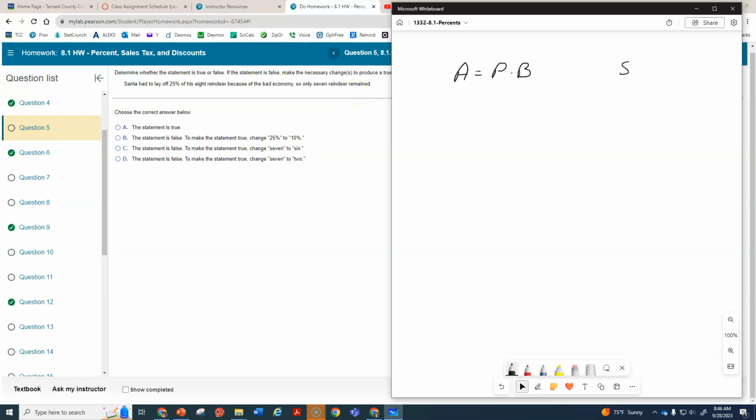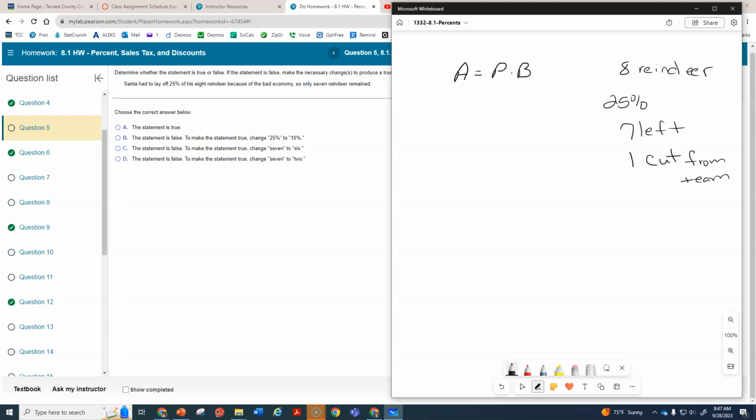Santa started off with 8 reindeer, and they said he laid off 25%. And they said there's only 7 left. So if there's only 7 left, that means that he had to cut one. One was cut from the team.